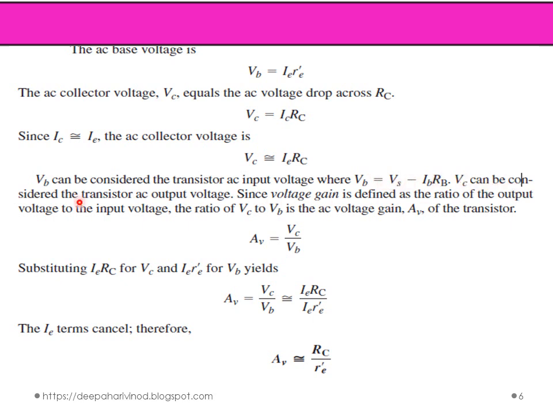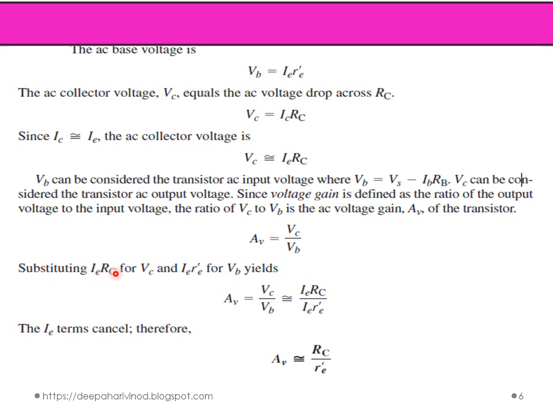vc can be considered the transistor AC output voltage. Since the voltage gain is defined as the ratio of output voltage to input voltage, gain is always the ratio of output to input. So the voltage gain is the output voltage divided by the input voltage. That is, the ratio of vc to vb is the AC voltage gain. Av of the transistor is given by vc by vb.